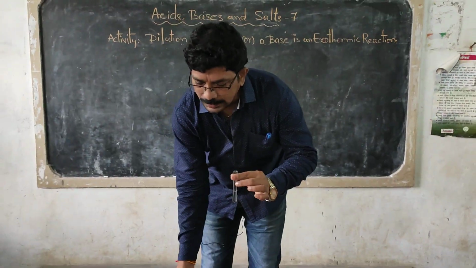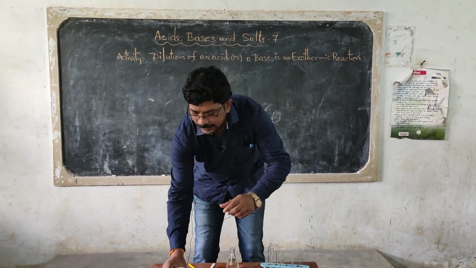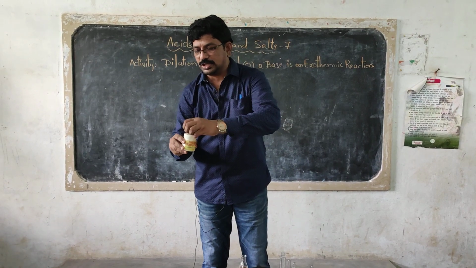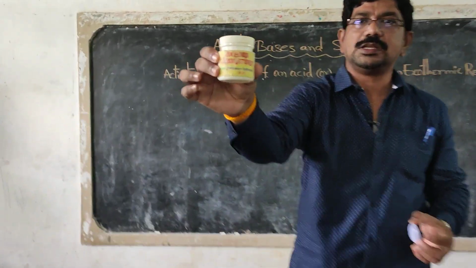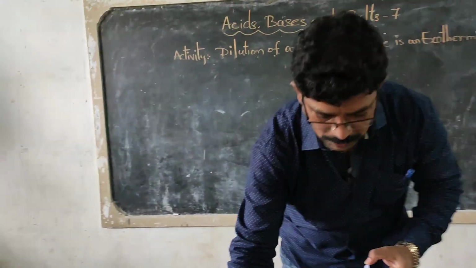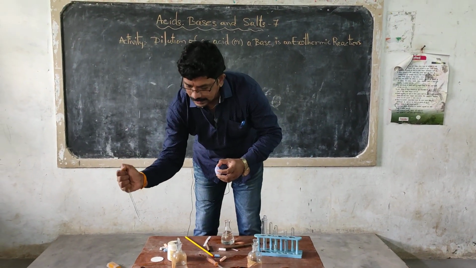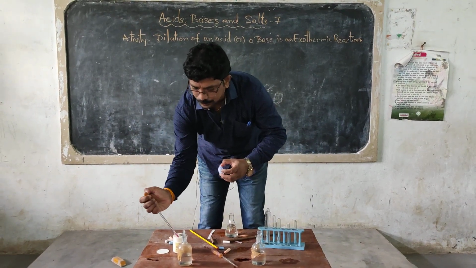Now I am adding concentrated base. See this one. This is potassium hydroxide, a concentrated base. I am adding the concentrated base drop by drop.